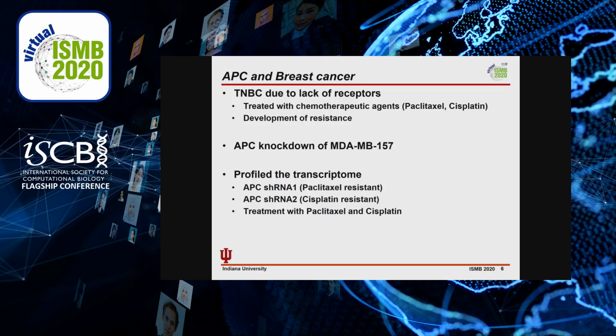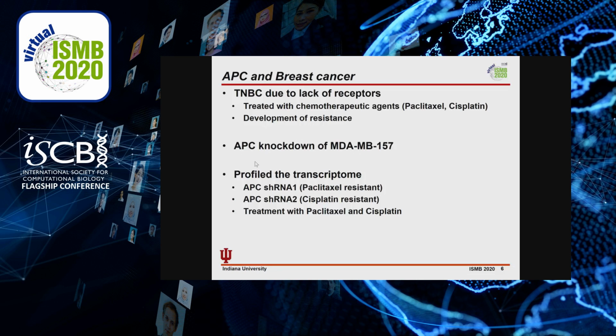What we did was we wanted a system to understand TNBC. Because TNBCs lack receptors, when we're trying to treat them, we need to use chemotherapeutic agents like paclitaxel and cisplatin. So we used a breast cancer cell line, MDA-MB-157, and we have two knockdowns of these.